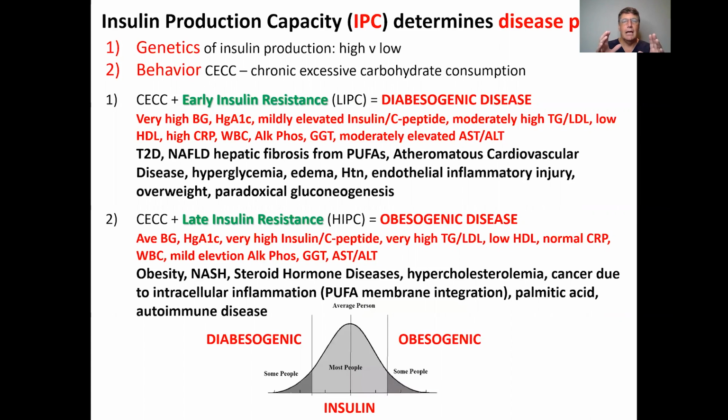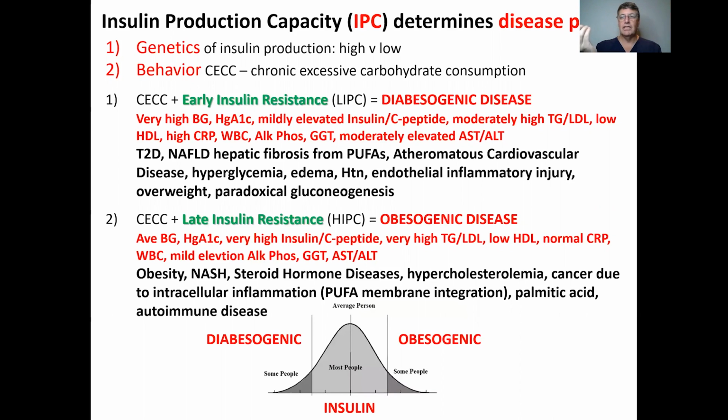And in certain people who cannot produce a huge amount of insulin, people over here on this bell curve that cannot produce a lot of insulin on the left of the bell curve, those people have very early insulin resistance. And the insulin resistance by the cells of the body protects the inside of the cells from intracellular hyperglycemia by blocking sugar from going from the bloodstream into the cells. Therefore, your blood sugar builds up.